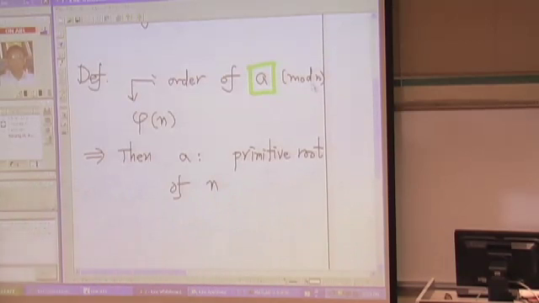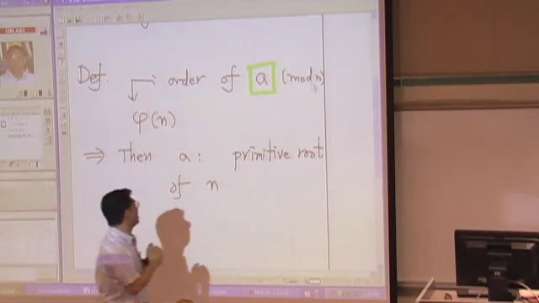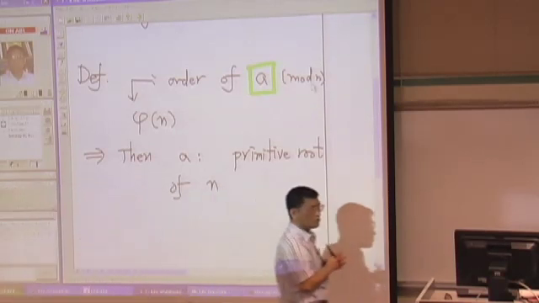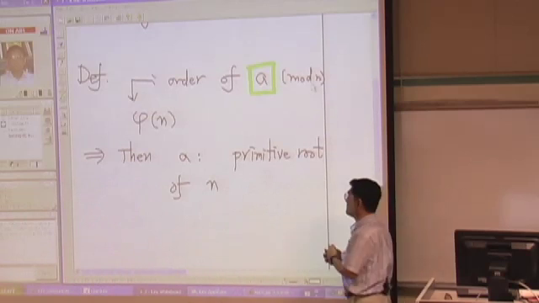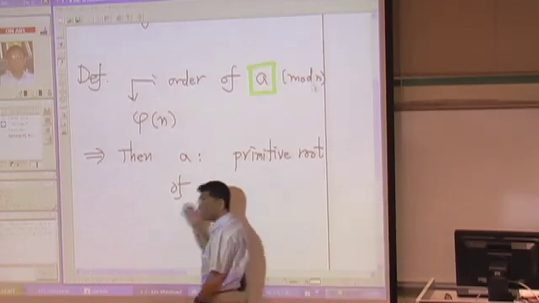In other words, if some number has order phi of n, then this a is called a primitive root of n. If you do not understand the definition, ask.